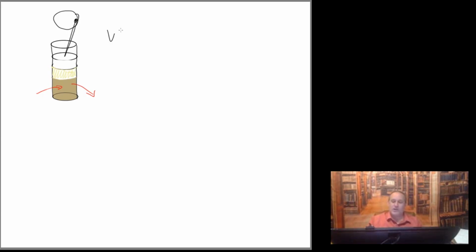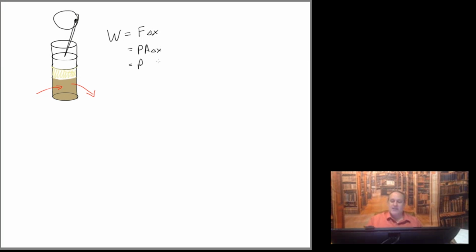So how do we characterize this work? Well, we know that work is force times delta x. That would be the simplest way we could say it. And the force is really given by the pressure of the gas times the area of the face of the piston.